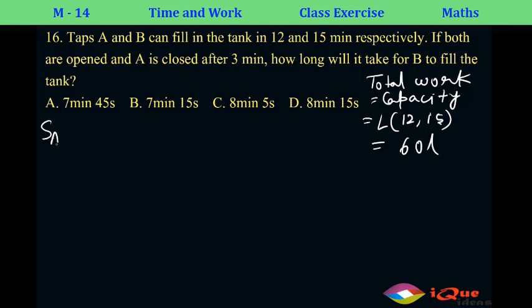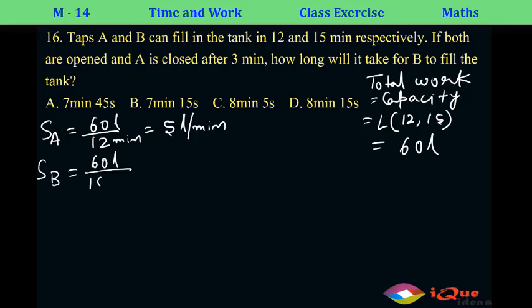So speed of A will be equal to 60 divided by the time of A, 12 minutes. So 60 liters by 12 minutes, so it is 5 liters per minute. Speed of B will be 60 liters divided by 15 minutes, so it is equal to 4 liters per minute.